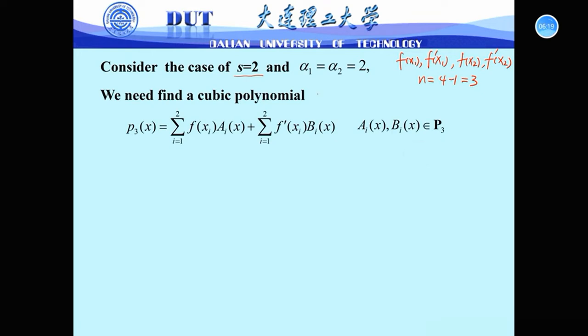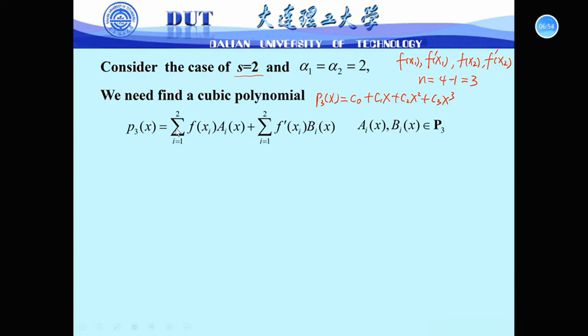Of course, P3(x) is similar to C0 plus C1 x plus C2 x squared plus C3 x cubed. This is a cubic polynomial, but we don't use this form because we would need to solve a linear system to obtain the four coefficients C0, C1, C2, C3. Then this is not an interpolation formula.